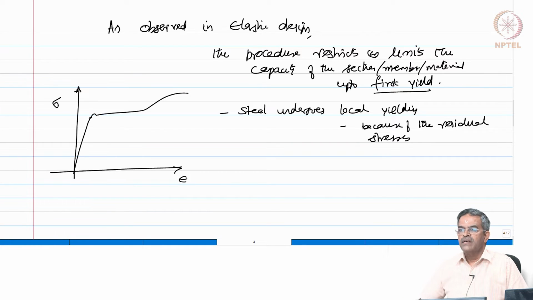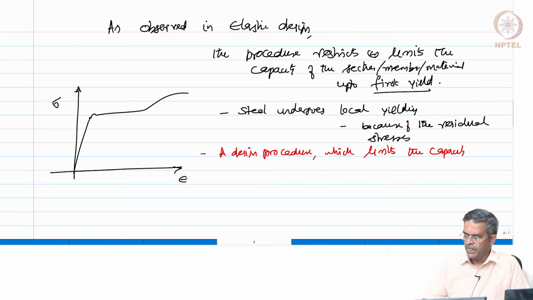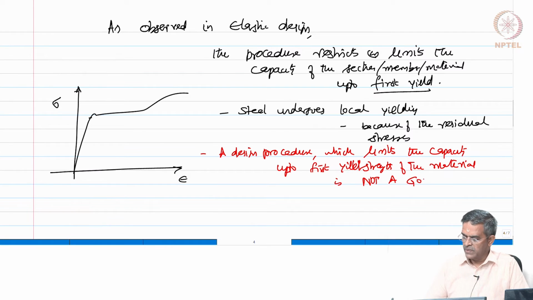Therefore, friends, it is not a good design practice to limit or to restrain the material capacity at the first yield, is it not? So, I should say here, a design procedure which limits the capacity up to first yield strength of the material is not a good design practice.